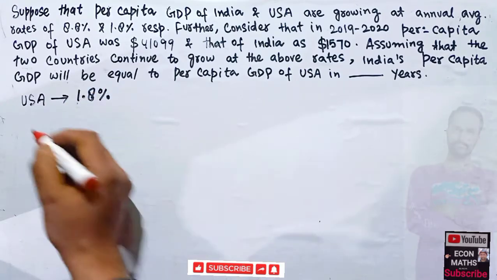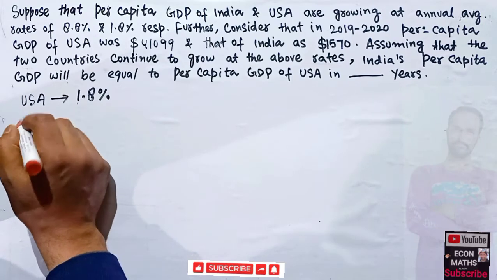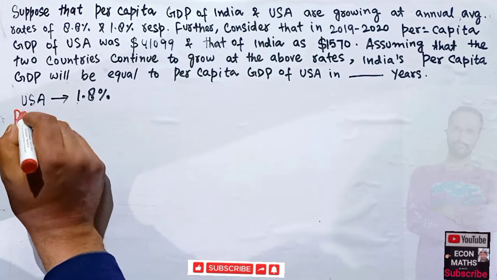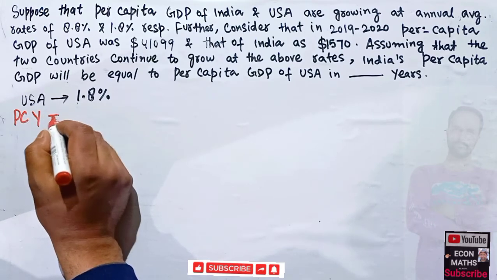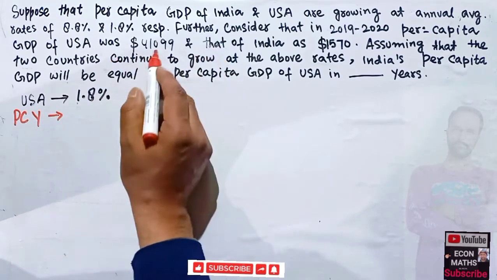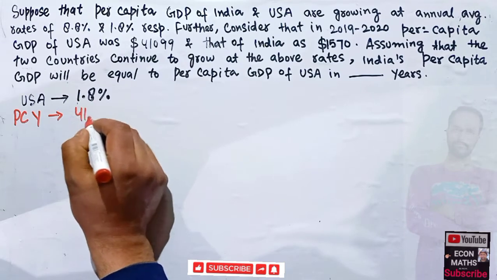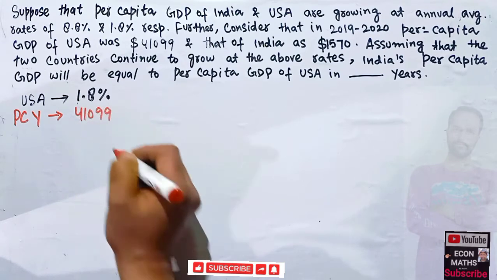Per capita GDP or income of USA is being given as 41099.